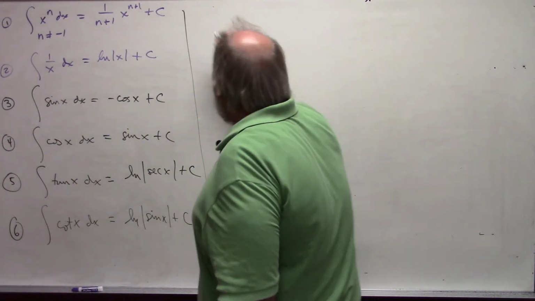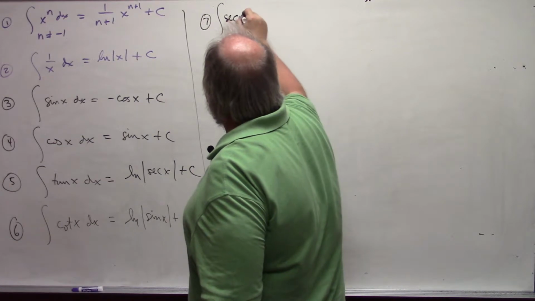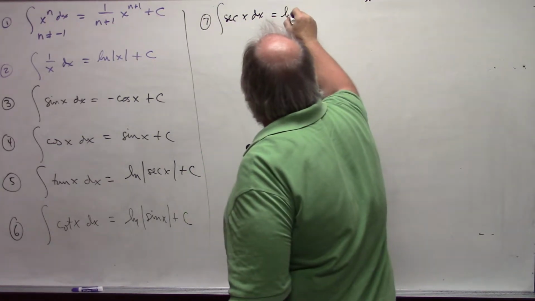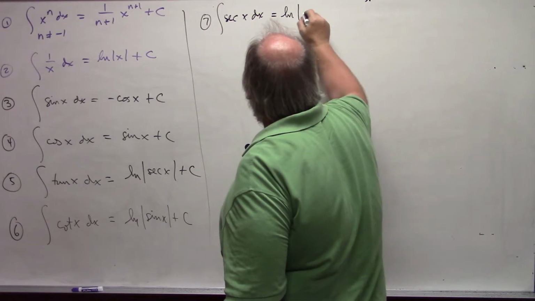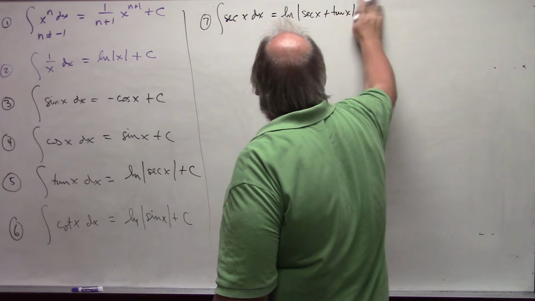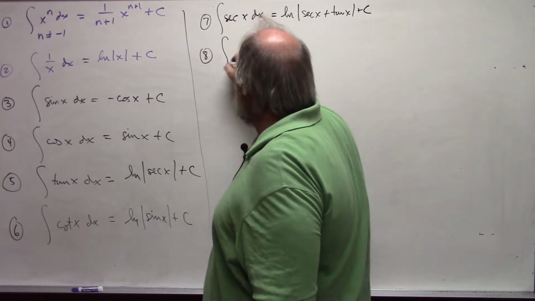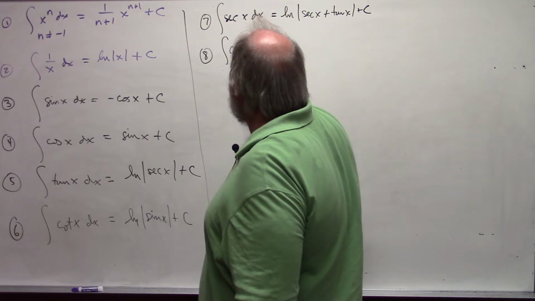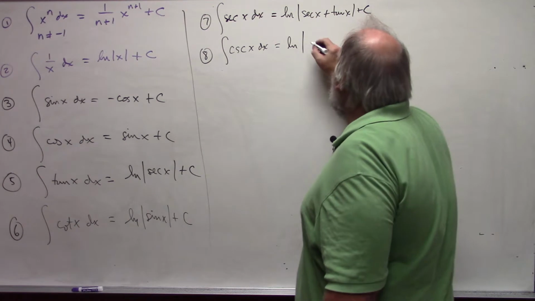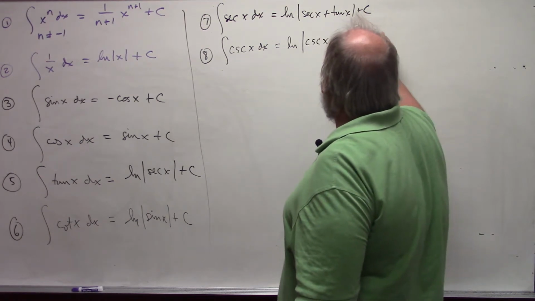We have 7, the antiderivative of secant of x is the natural log absolute value secant of x plus tangent of x plus c. 8, the antiderivative of cosecant of x is natural log absolute value cosecant of x minus cotangent of x plus c.